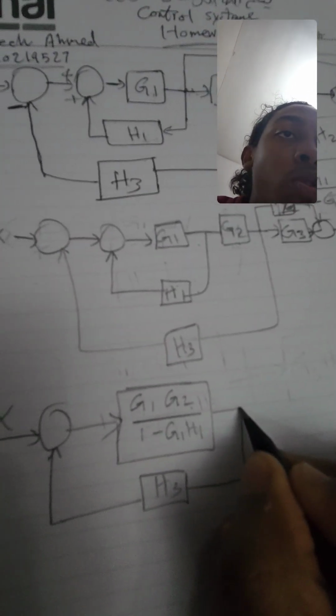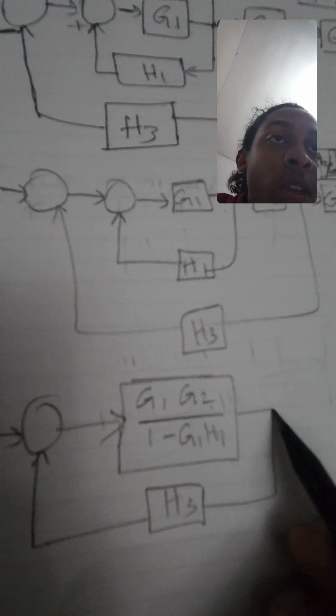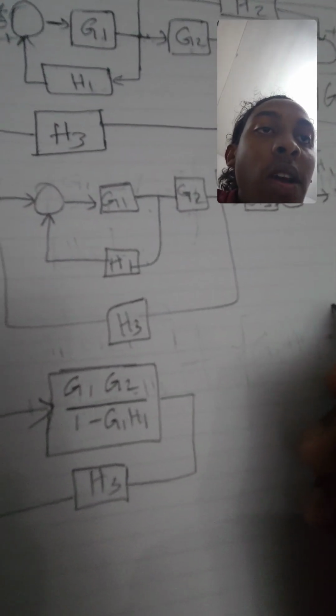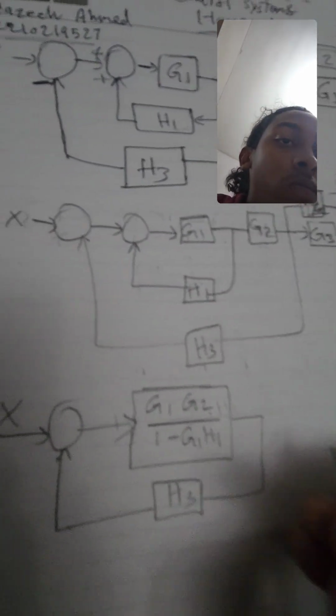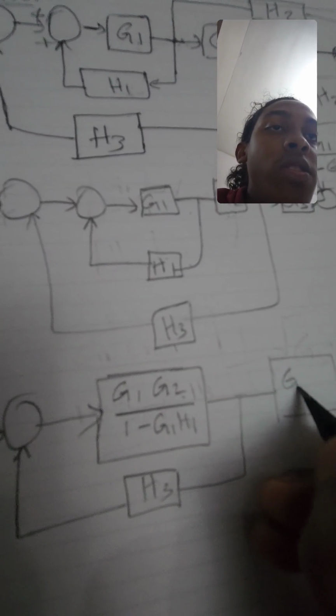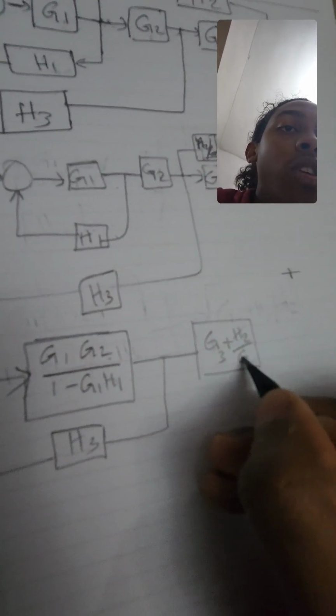So also we have G3 in parallel with H2 over G2. The parallel formula is just adding them. So we have here another block, and it's G3 plus H2 over G2, and we have our Y here.